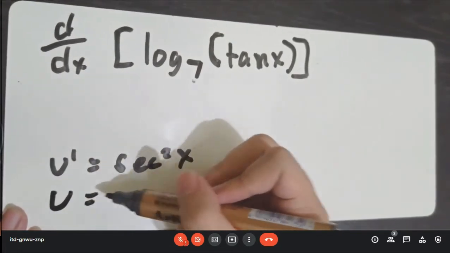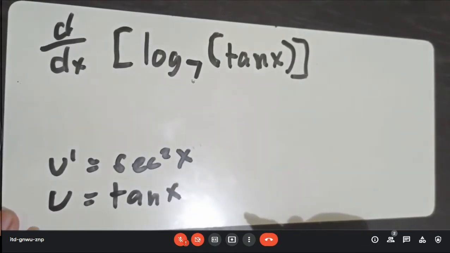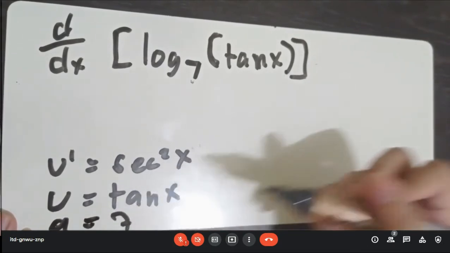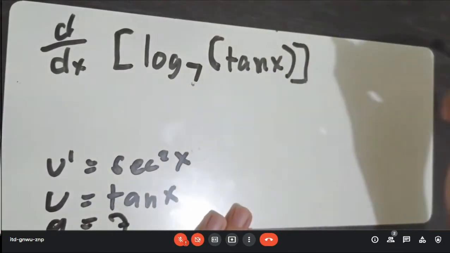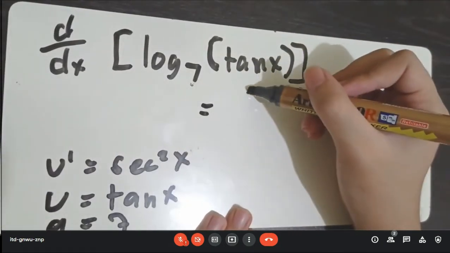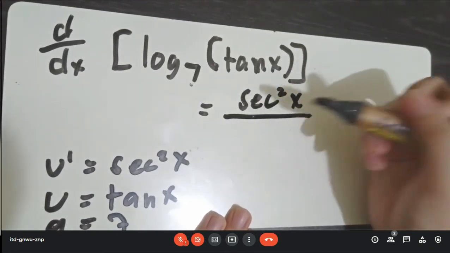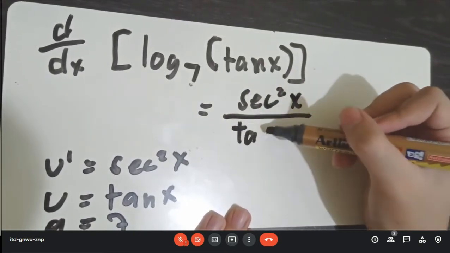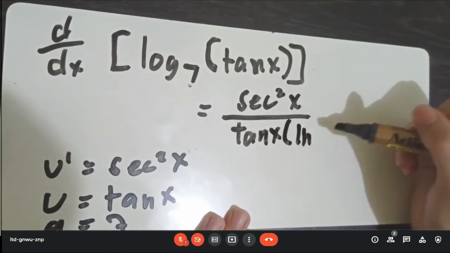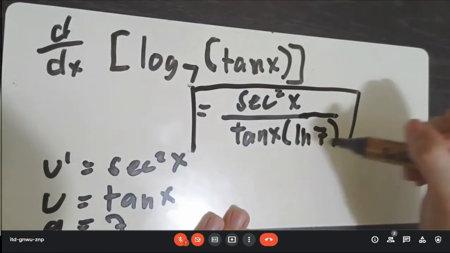The u is tangent x, and the a is 7. So the answer here is secant squared x over tangent x times ln 7, and that is the final answer.